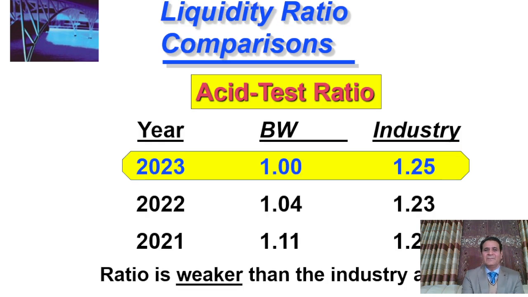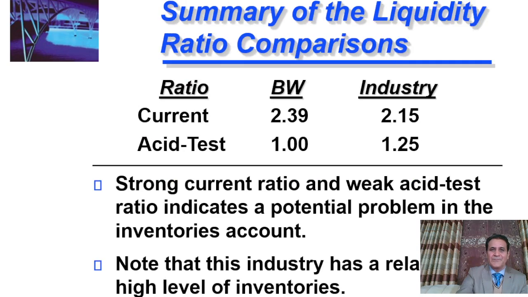So that is why we deduct it from the current assets. Similarly, you can compare the asset test with the industry. The ratio is weaker than the industry average. The industry average is good as compared to BW. The ratio analysis gives a picture that the current ratio of BW is 2.39 and the industry is 2.15.